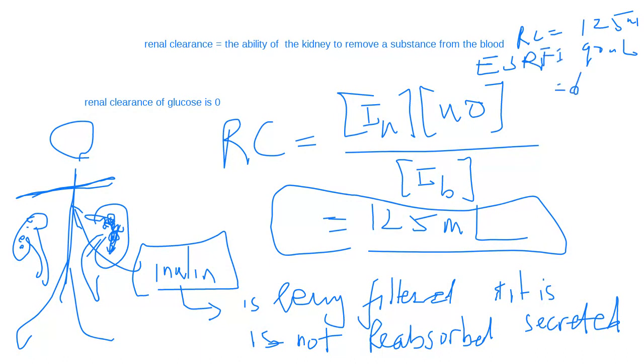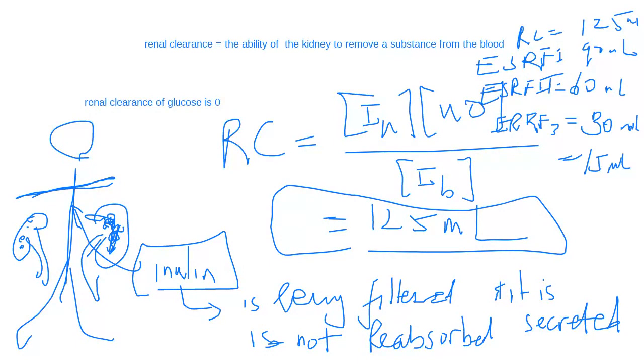If it goes down to 60, that's stage 2. Stage 3, if he can only clear about 30 ml. And about 15 ml, that's end stage renal failure.